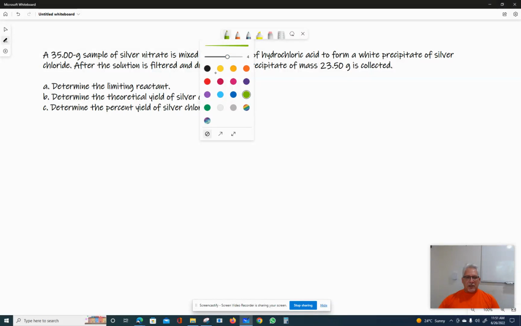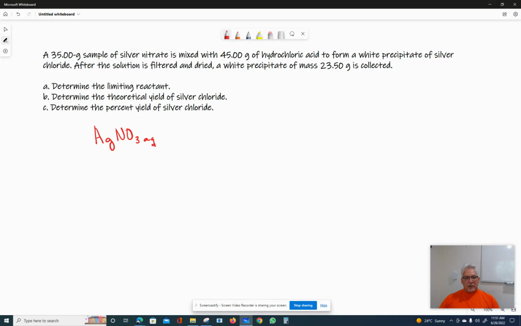Let's start with the red color and start answering this one. The first thing that you need to do is write the equation. So silver nitrate will be this formula, and it says soluble in water, that's why I had to put the aq, which means water. It's reacting with hydrochloric acid.